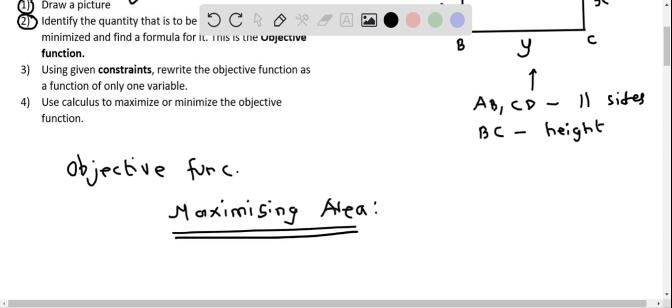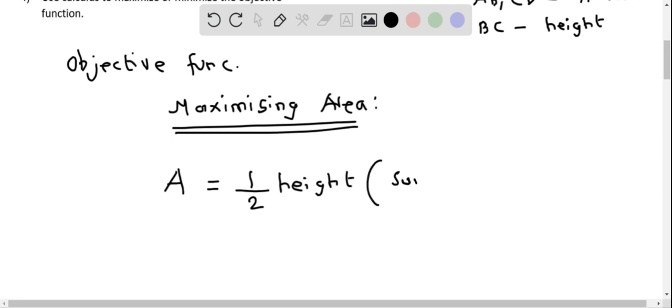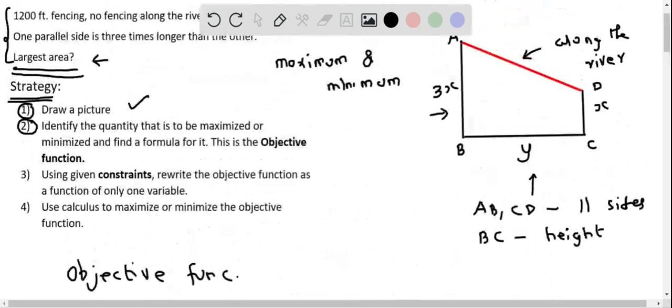All right. So let's write a formula to maximize the area of this trapezoid. We know that the area of the trapezoid is given by half height times the sum of the parallel sides. Let's identify this information from the picture. We know that the height is BC, which we have kept as y.